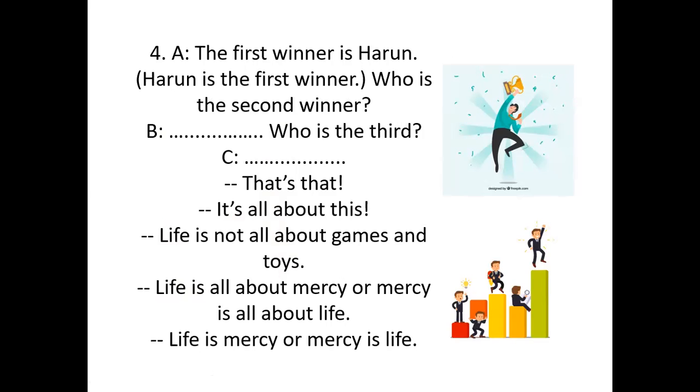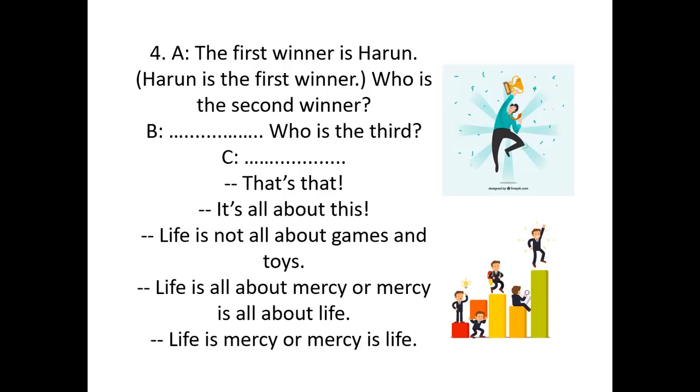You are aware of the logic here. Mahmud is the second winner, or the second winner is Mahmud. Who is the third? Furkan is the third, or the third is Furkan.